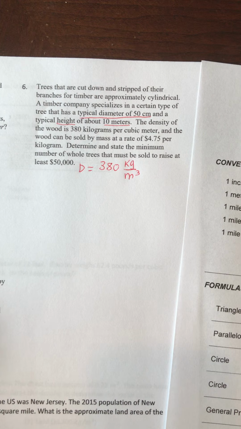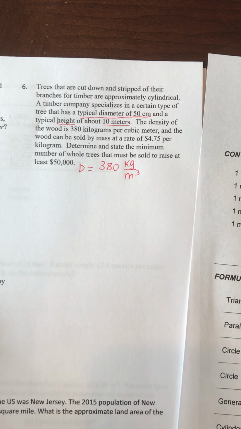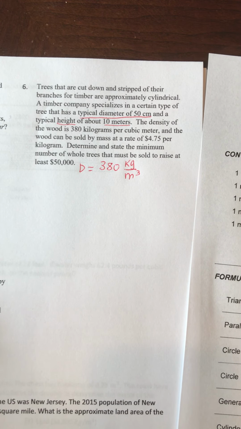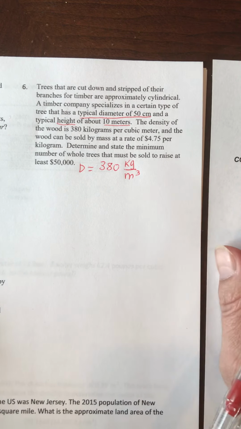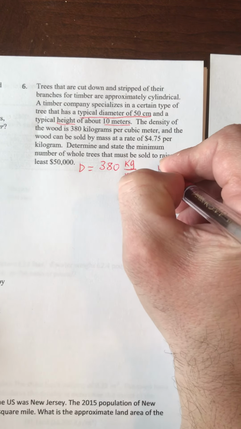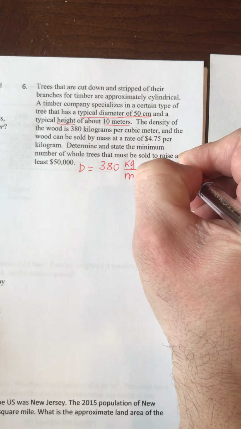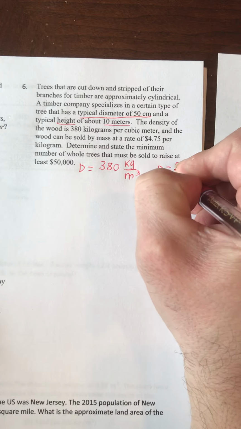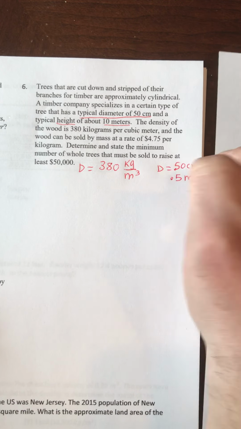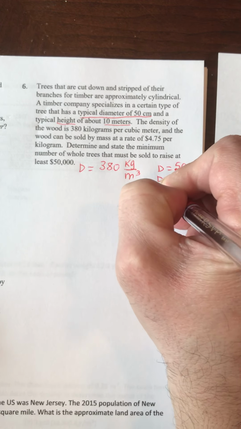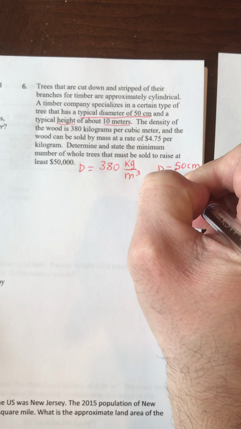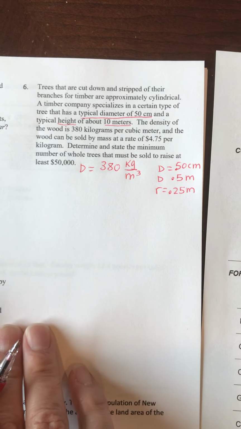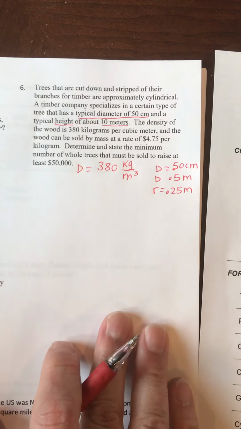All right? So remember, there's 100 centimeters in a meter. So your diameter, which is 50 centimeters, is really 0.5 meters, which means your radius is 0.25 meters, right? It's half. All right, that's the trick here.